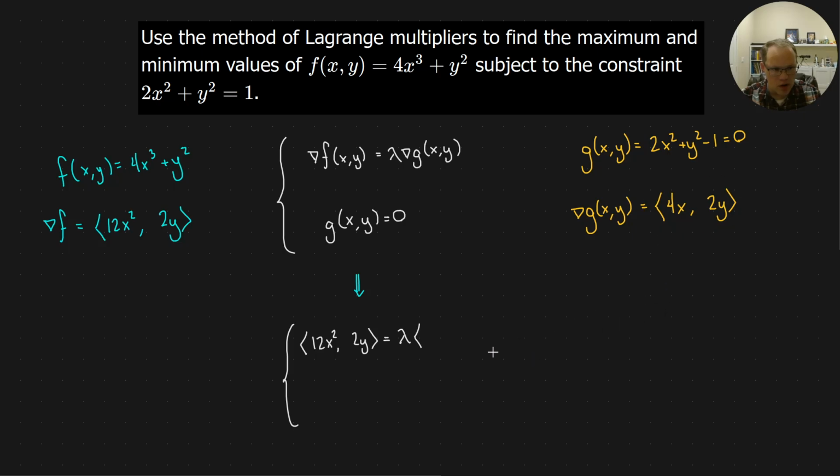The gradient of g is 4x, comma 2y. And then we have the constraint equation itself, which is just setting function g equal to 0: 2x squared plus y squared minus 1 equals 0.